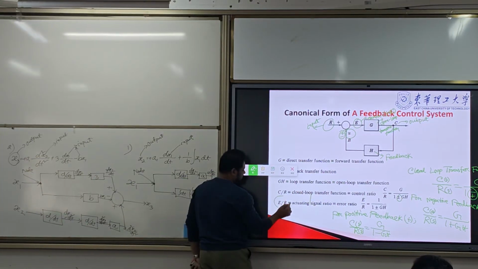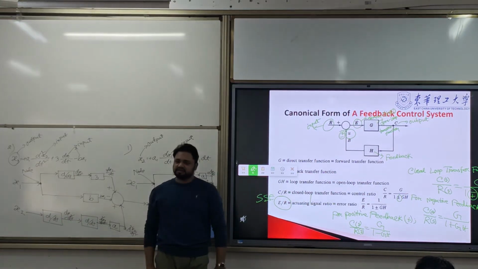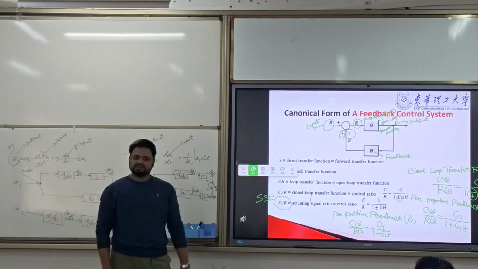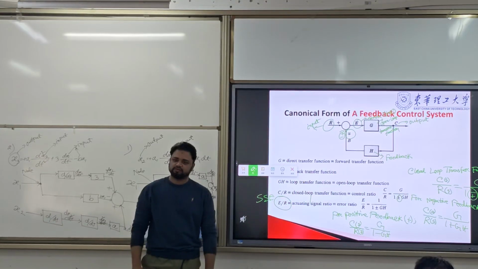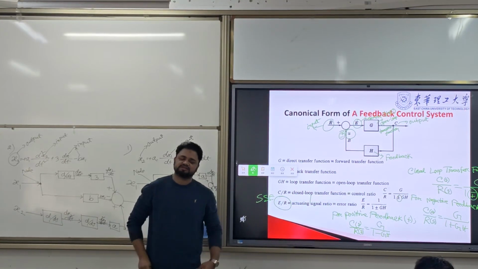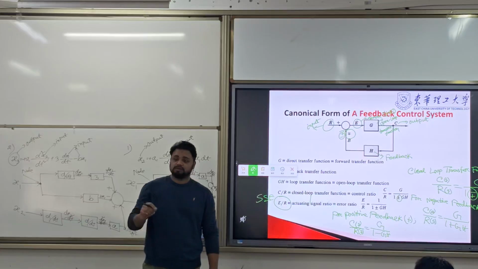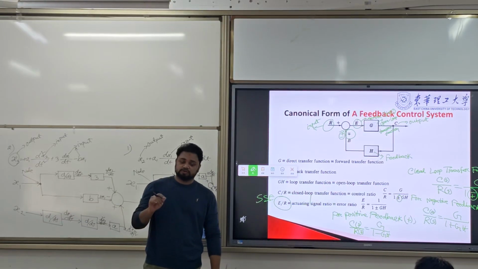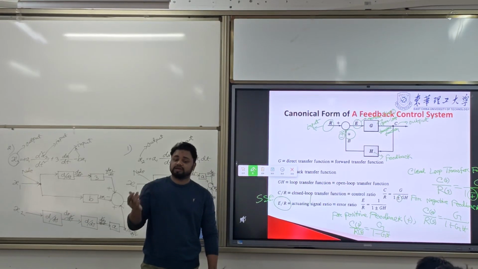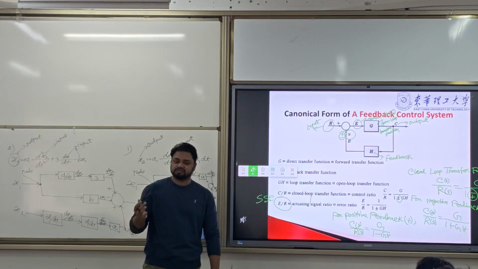The same thing will happen for this, which is nothing but SSE, the steady state error. We need to find the steady state error. We already told you that we must make our steady state error zero, because without that we will not have a stable control system.